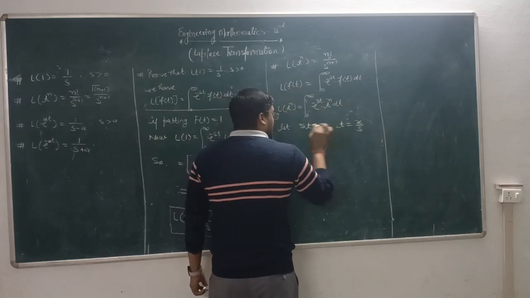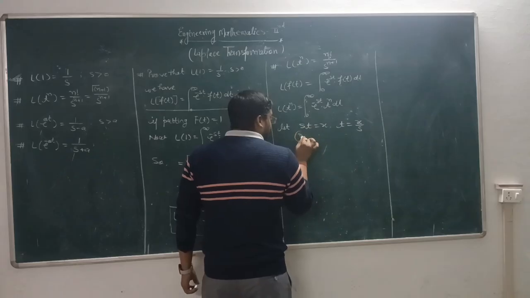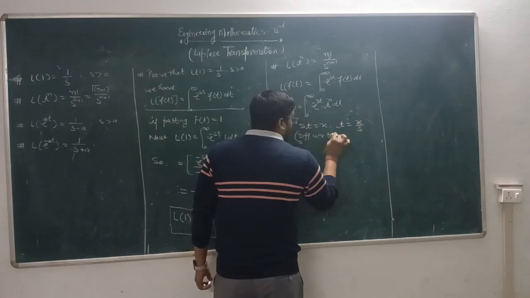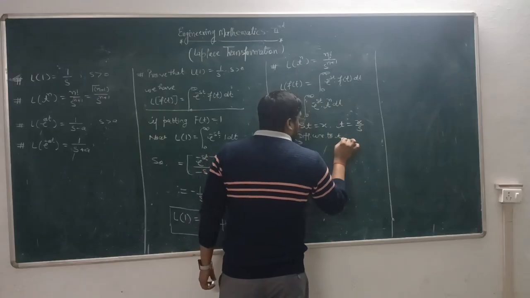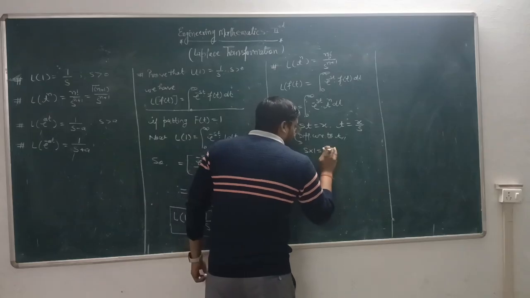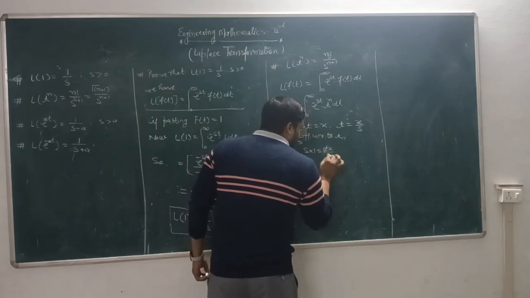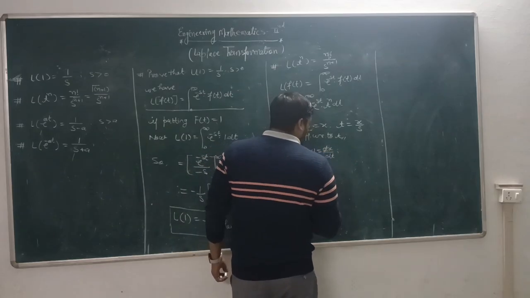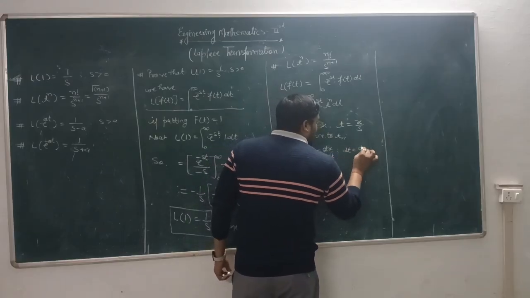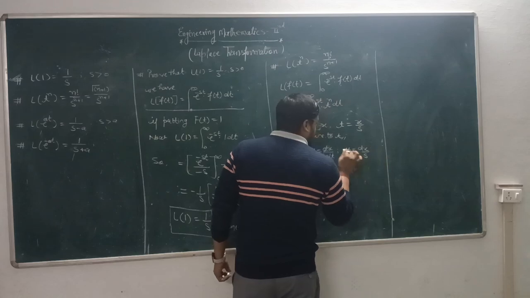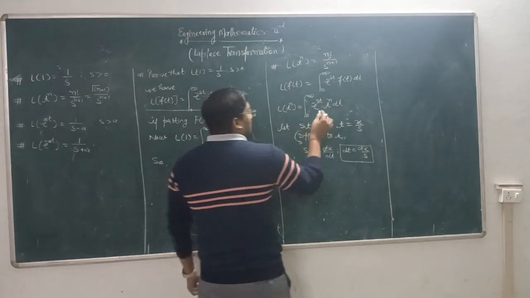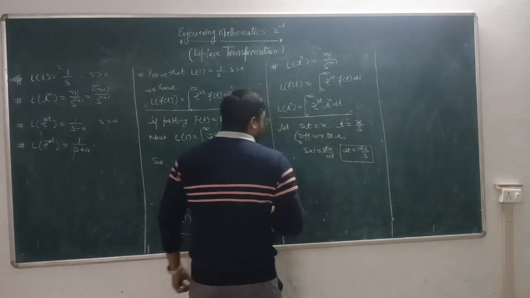Differentiating with respect to t, s into 1 is equal to dx upon dt, so dt = dx upon s. Put this value in this function.